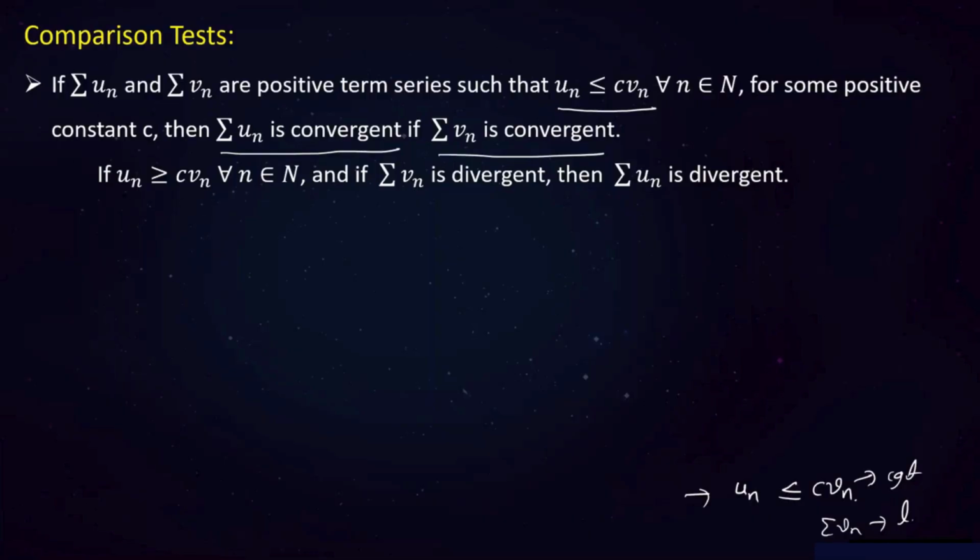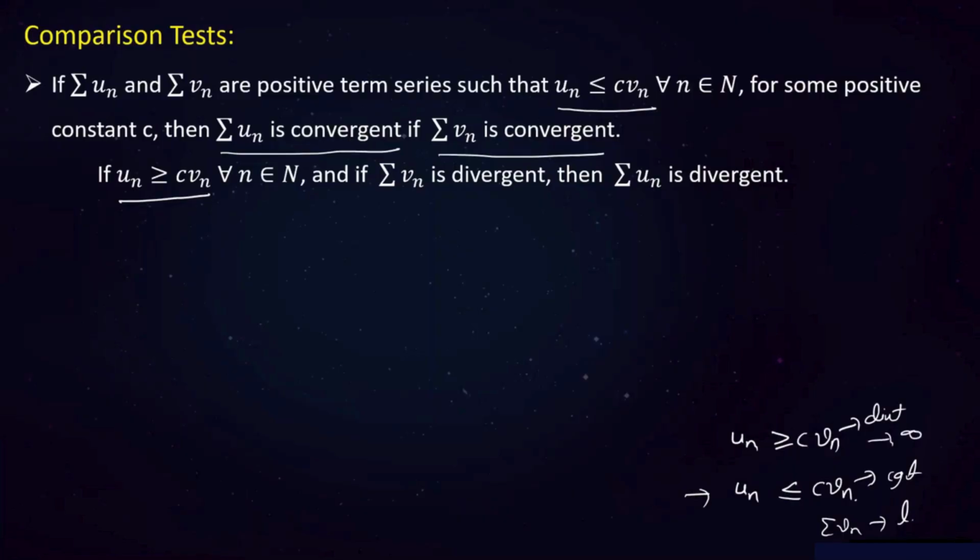Like this, by comparing one series with the other one, you can give a conclusion about the other one. In a similar way, when you are given these two positive term series, and un is greater than or equal to c times vn, understand it this way: one series is more than c times the other one. Now if this series vn is divergent, understand what you mean by divergent: summation vn approaches infinity.